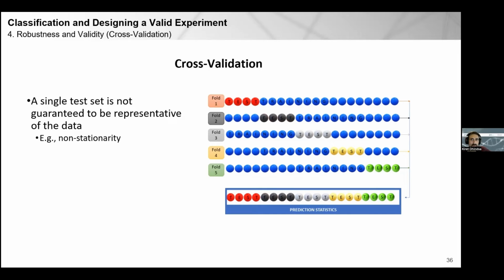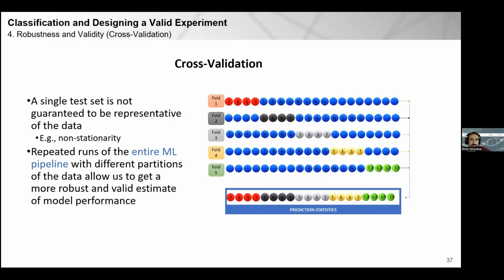So you can end up with a model that has been trained on your training data, tested on your test data, and performs better or worse than you would expect, simply because that wasn't a very representative subset of your data in the first place. So what we actually do is repeatedly run the entire machine learning pipeline with different partitions of the data. And that allows us to get a more robust and valid estimate of model performance. There are many ways to do this.